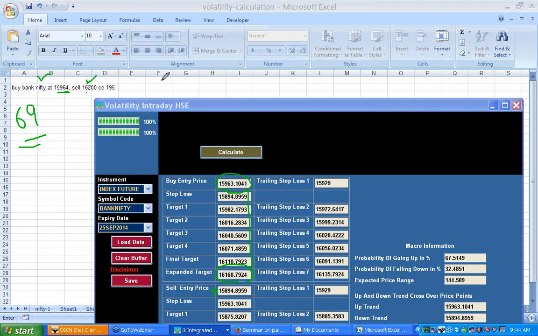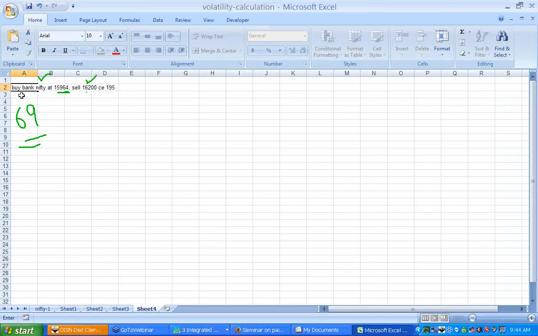Or what is the other way? Suppose I do not wish to sell the call option, then I can think of it in this order also: buying the future without diluting the volatility concept, and at the same time I can think of buying a 15,900 put option. So these two also I can do.